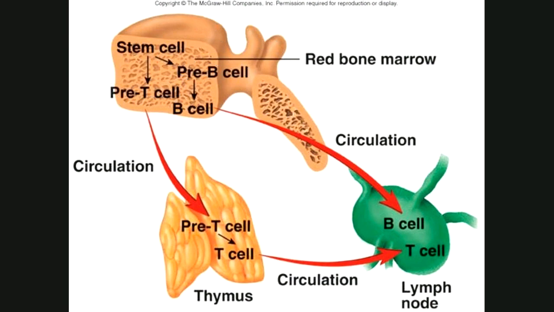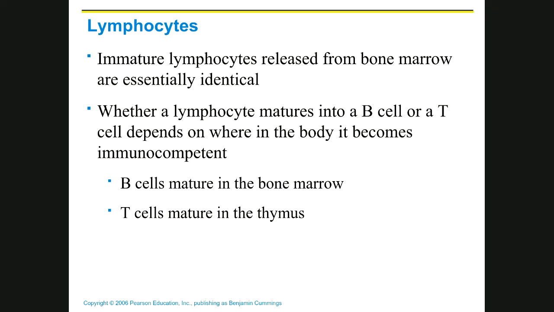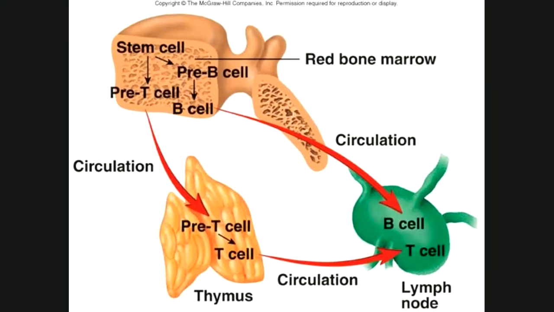And so what's going to happen is they need to mature. They need to sort of go to school. Well, where that happens depends on if it's a B cell or a T cell. T cells leave the bone marrow and they go to the thymus. And that's where they mature. B cells, on the other hand, stay in the bone marrow.